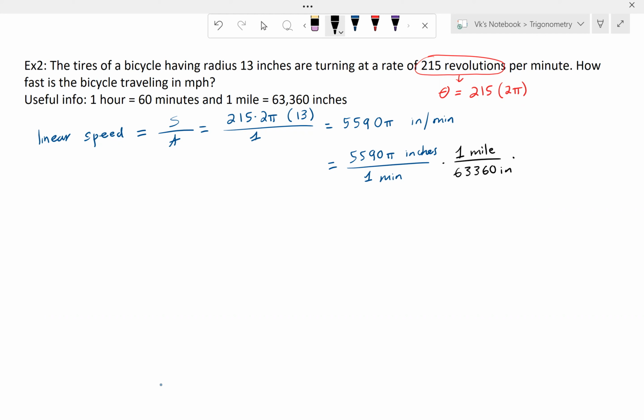And 1 hour is 60 minutes. With this, we can get rid of the inches and the minutes. The answer is in miles per hour. Plug this in the calculator, 10.6 miles per hour.